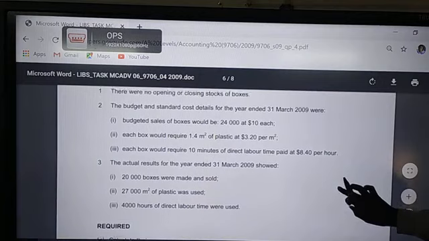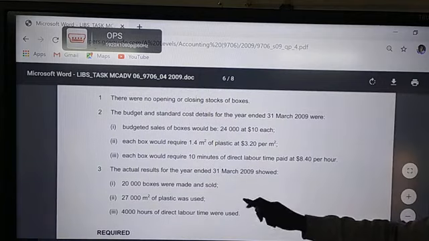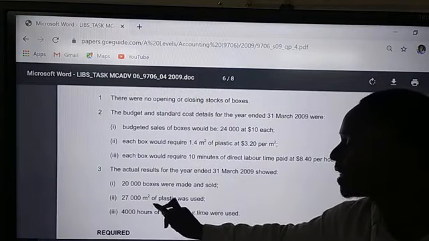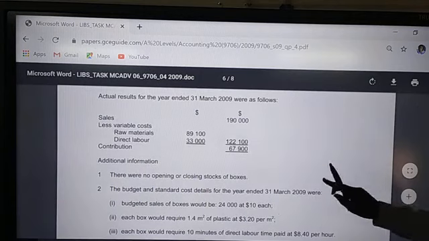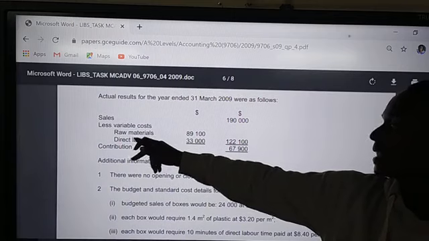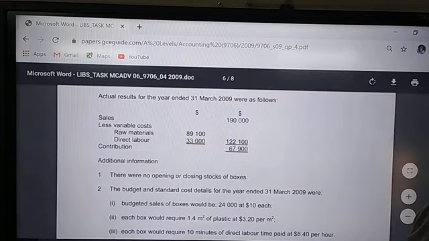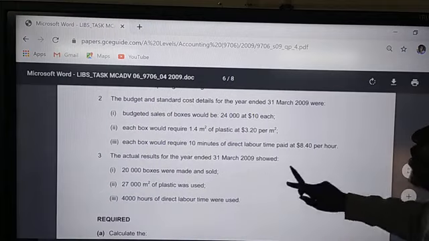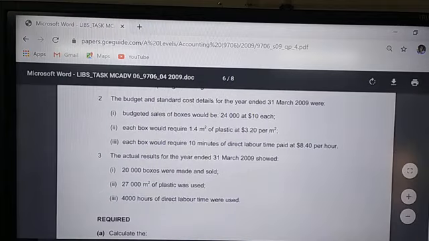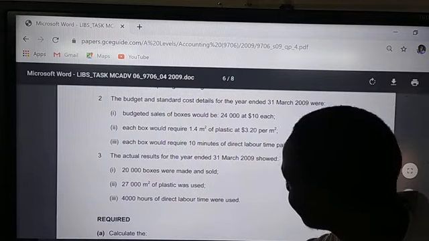If we observe the actual results for the year, 27,000 meters squared of plastic was used. These are actual results. Then if you scroll up, raw materials cost 89,100, but the quantity used is 27,000. So what is the price per unit? Let's calculate it quickly.